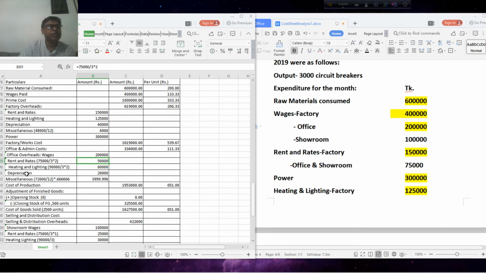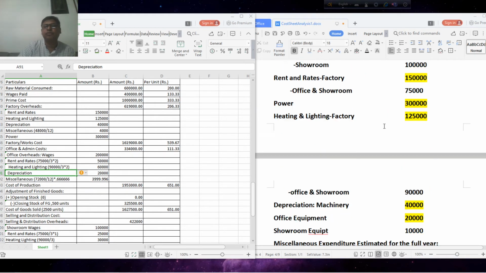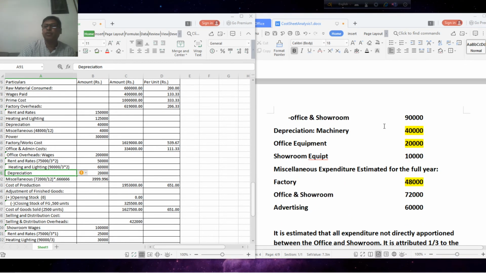So 50,000 taka. Heating and lighting also the cost is 90,000 taka, we have to divide it by 3 and multiply by 2. And depreciation, it is 20,000 taka for office equipment.